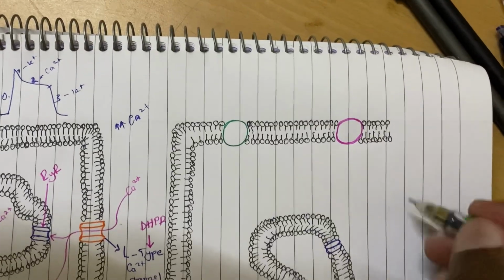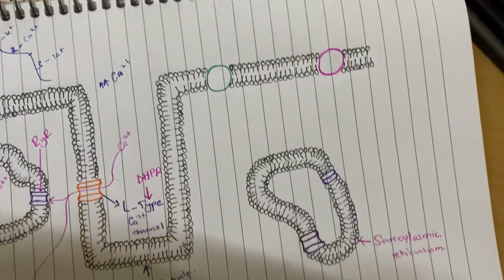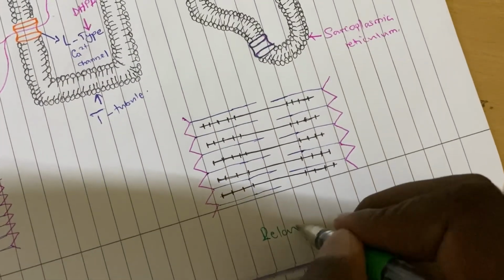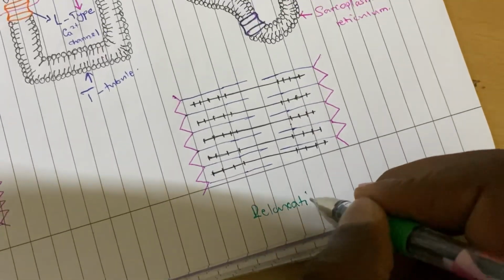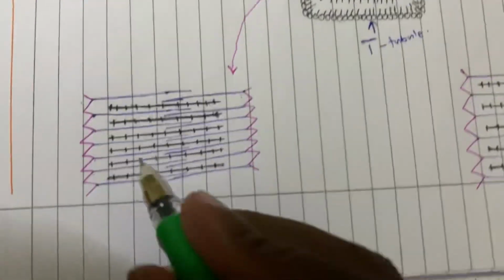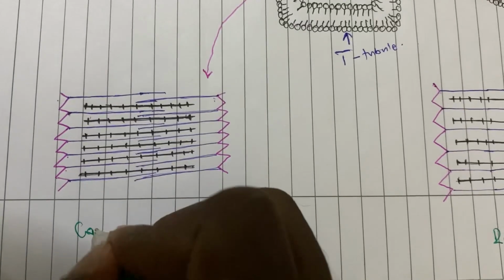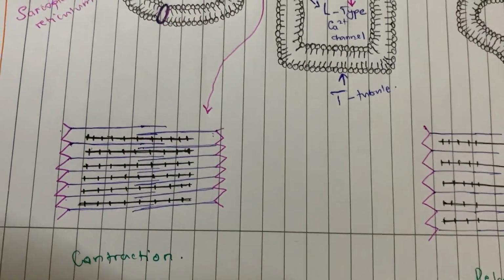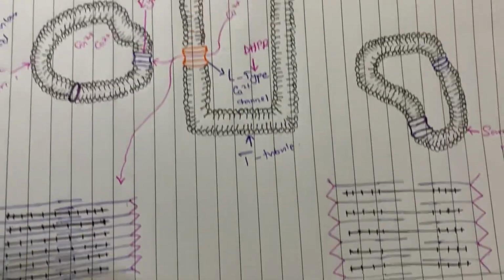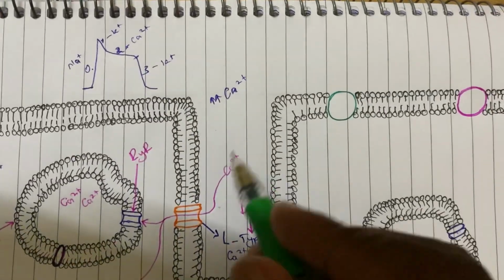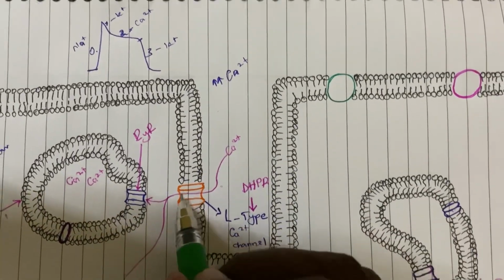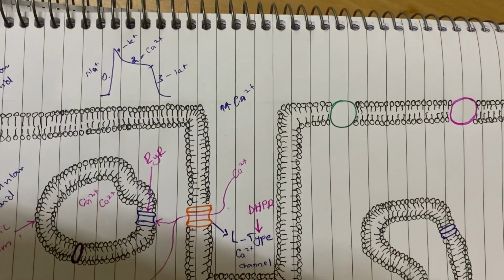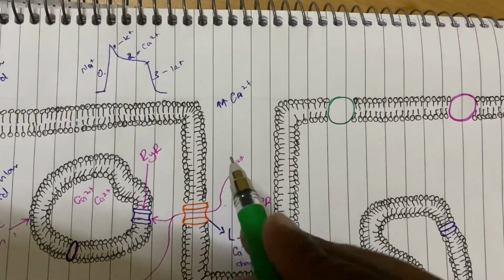Again, to encapsulate everything, we have relaxation, and then here we have contraction. Two phases we are capturing. For contraction, when the action potential comes, depolarization happens first.